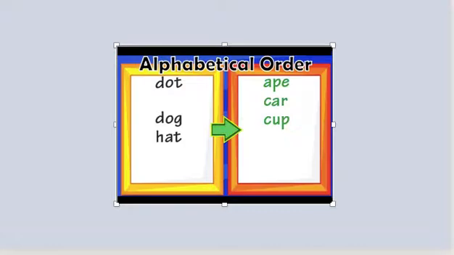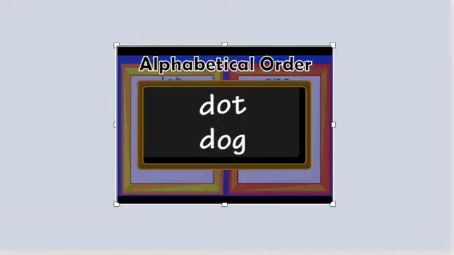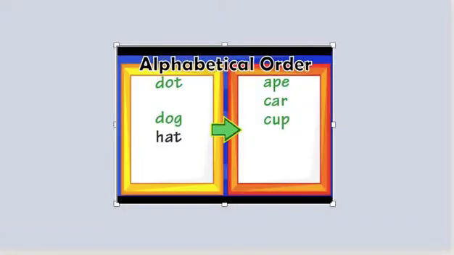Okay. Next are D words. Oh, look, we have two again. We know what to do. So we'll ignore the first letter and, oh, the second letter is the same too. No problem. We'll just ignore the second letter too and try the third letter. G and T. G comes first in the alphabet, so that's our next word.